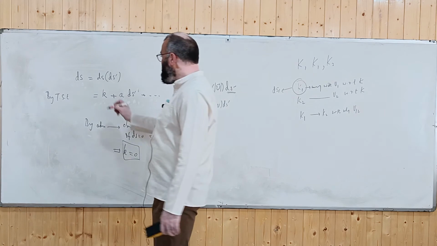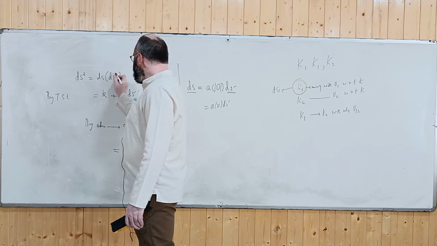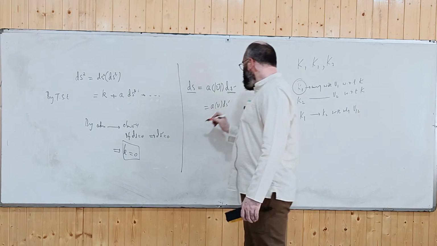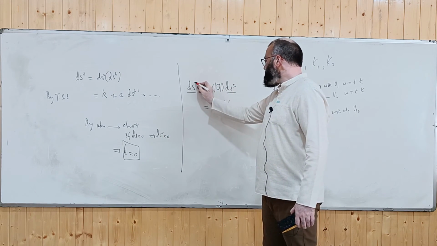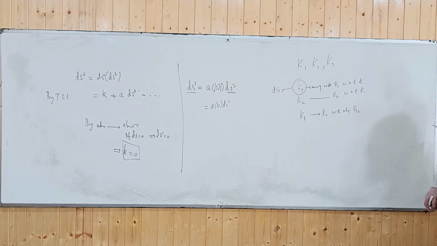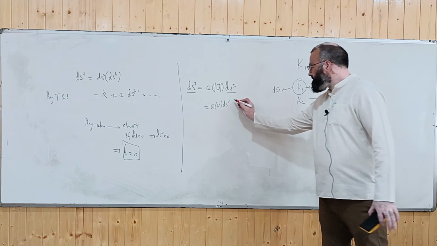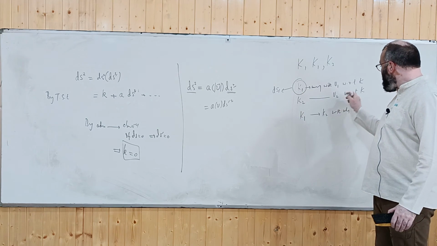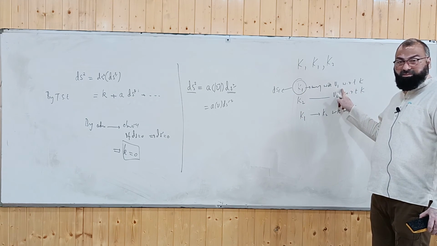I should have put a square instead of this. The square would be better. So I will be having ds1 as an interval with respect to K. Clear?